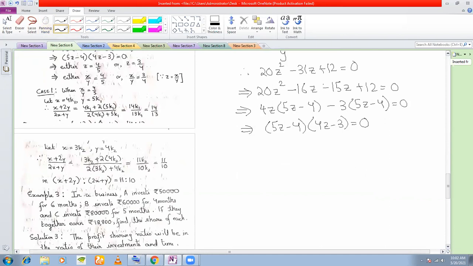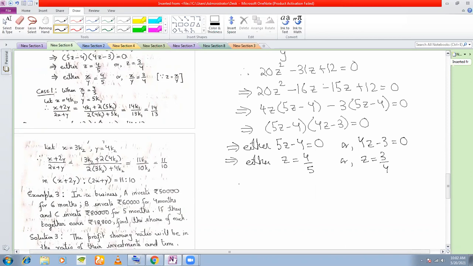That means what are the two values that we are getting? Either z is equal to 4 by 5 or z is equal to 3 by 4. That means either, what is the value of z here?